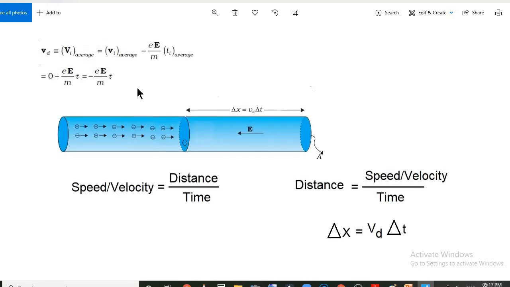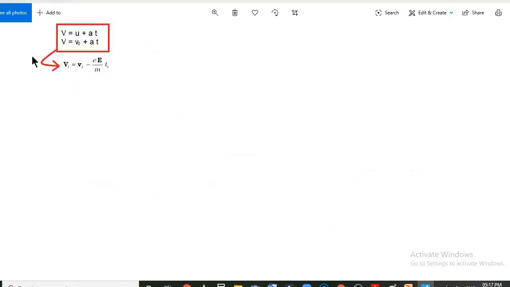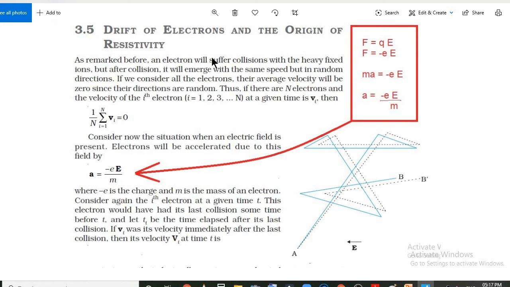In that case, what about the average velocity? This is only for one electron. Here also Vi is the velocity for one electron, and after we average it for all the electrons, we get 0 before the electric field is applied. Now after the application of the external electric field, what will be the average velocity of all the electrons? Will it also be 0? Let us see.